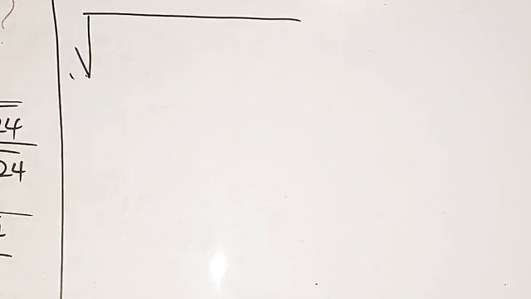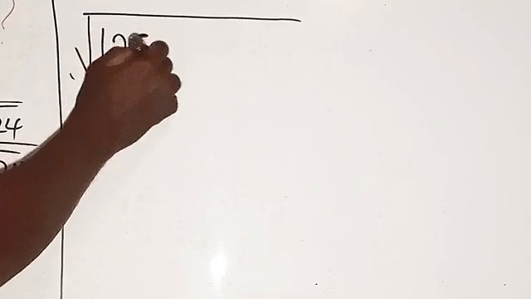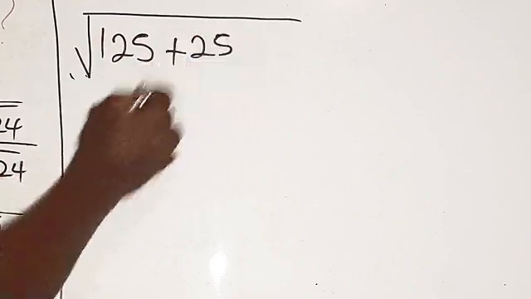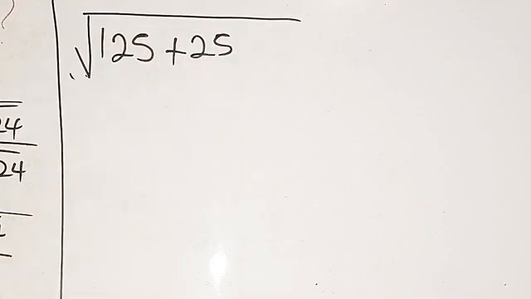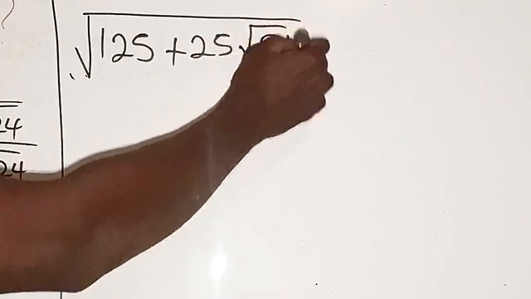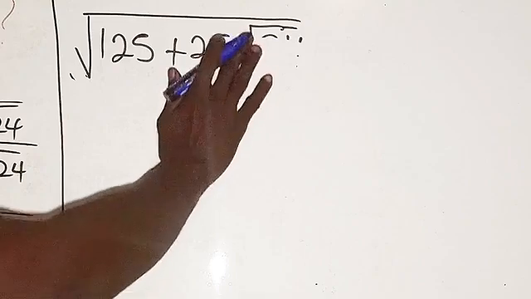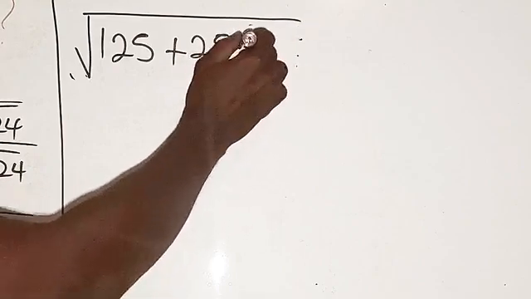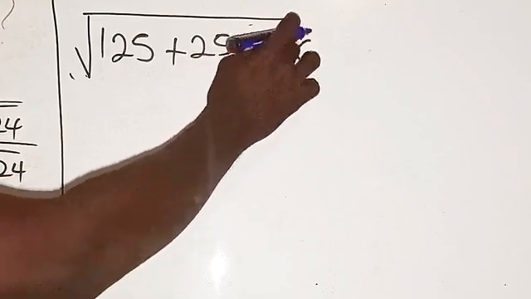So you know that 25 minus 24, this will give us 1. So therefore we are going to be left with 125 plus 25, root 25 dot root 6.